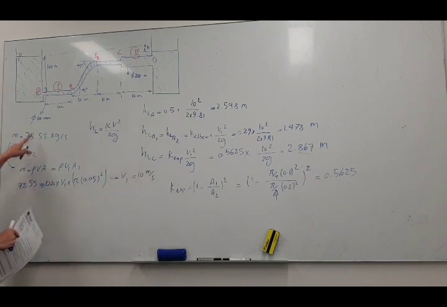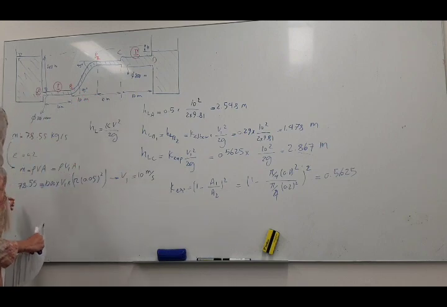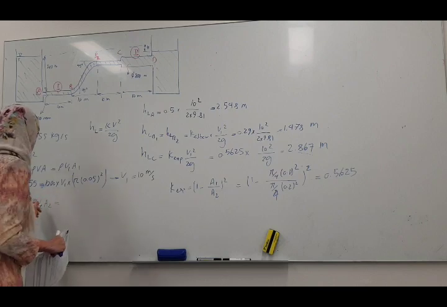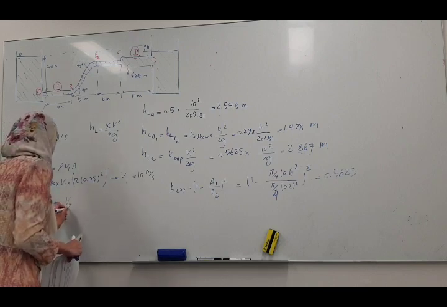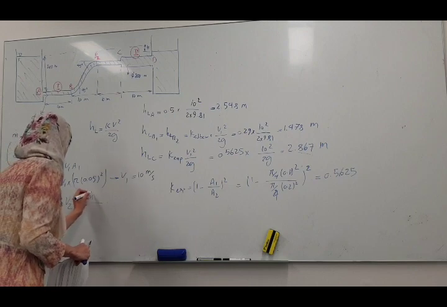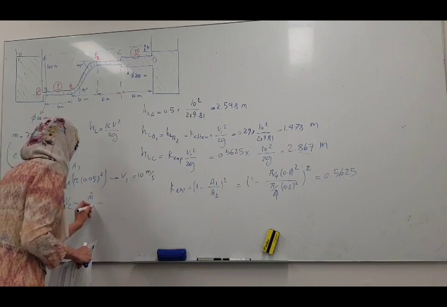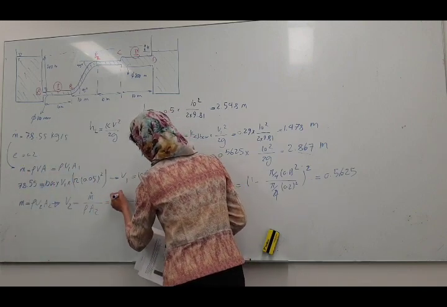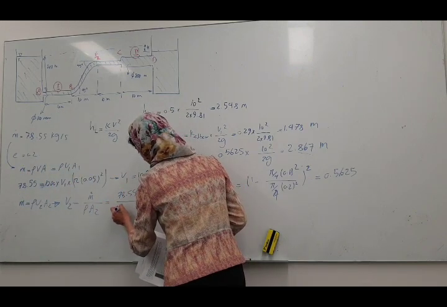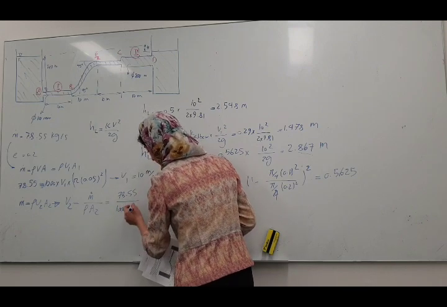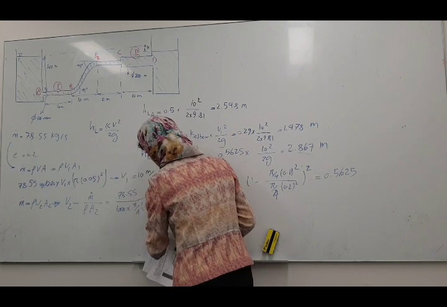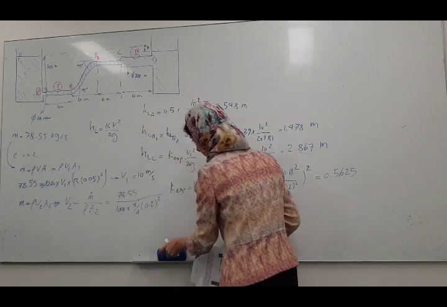The mass flow rate in pipe 1 and pipe 2 remain constant. So we can write, mass flow rate is rho V2 A2. So it means V2 is equal to mass flow rate divided by density divided by the area. And if we just replace these values and the area, we can find the second velocity.